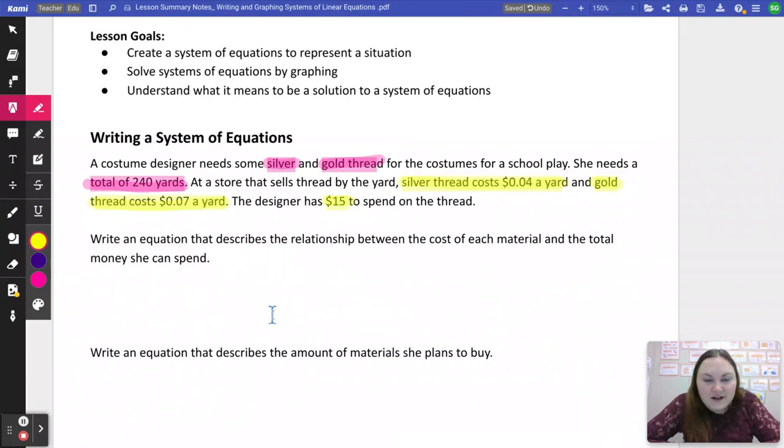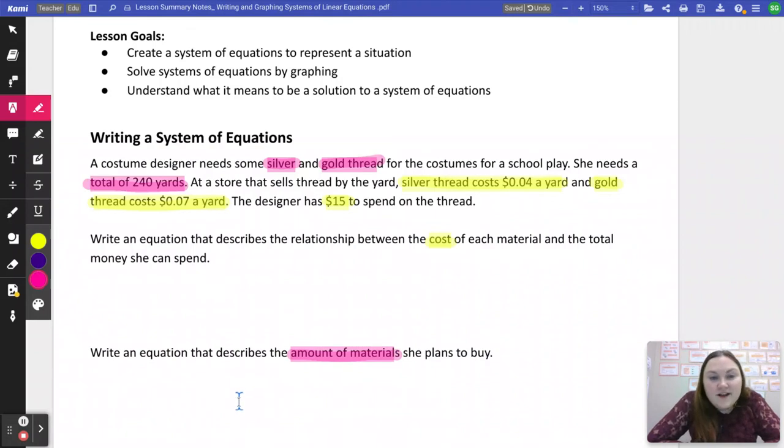So as we're looking at all of that information, you can break it down into two types of information. Some of that information is related to the cost of all the stuff she's trying to get. And then the other information is related to the amount of the materials, the amount of thread she wants to buy.